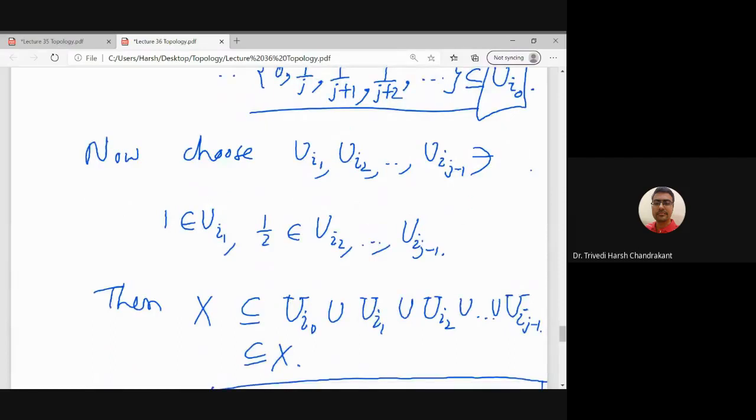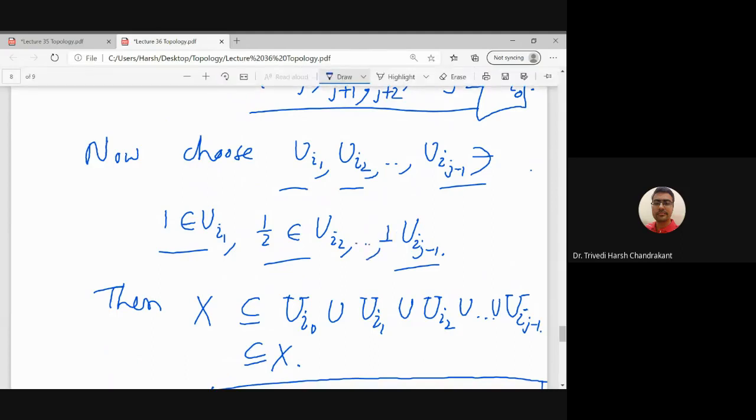For those finitely many points we can select some open sets to which they belong. So 1 belongs to, let us say, U_i1, 1/2 belongs to, let us say, U_i2, and so on, and 1/(j-1) belongs to U_i(j-1).